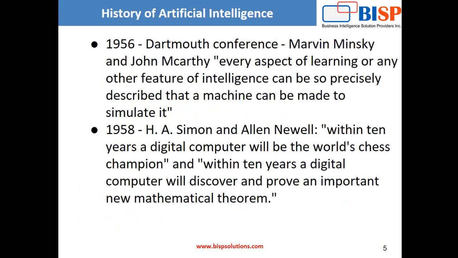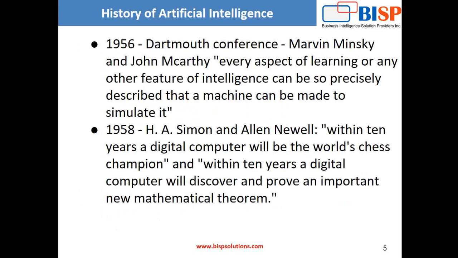In 1958, Simon and Allen Newell said that within 10 years, a digital computer would be the world's chess champion and would be able to beat a human. Did that happen? The answer is no, it did not happen until 1997.